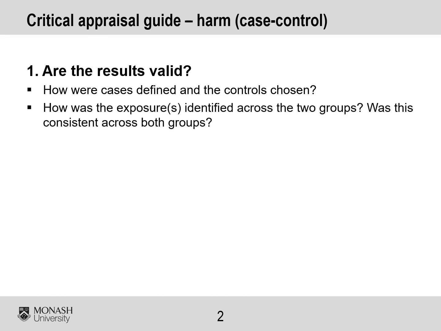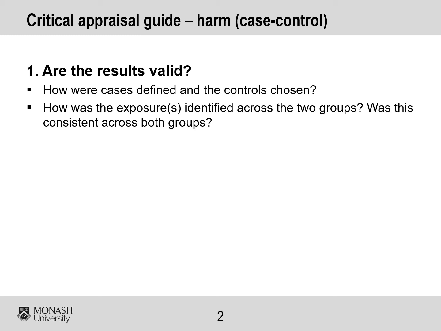The second question relates to the exposures and how they were identified across the two groups. So once again, we want to ensure that essentially this outcome assessment, so detection bias, is kept to the minimum. So we want to identify how the study authors identified the exposures across the two groups and whether or not that was consistent in terms of the approach that they used.